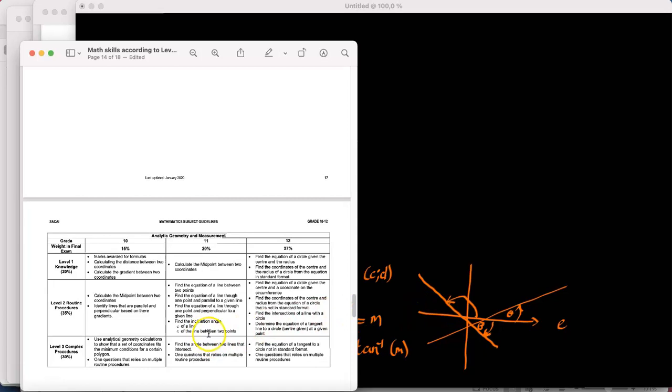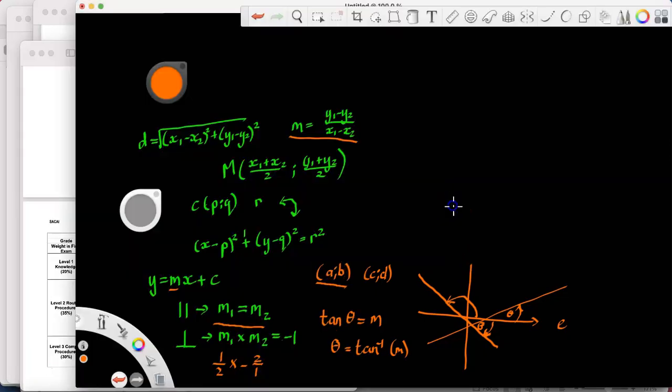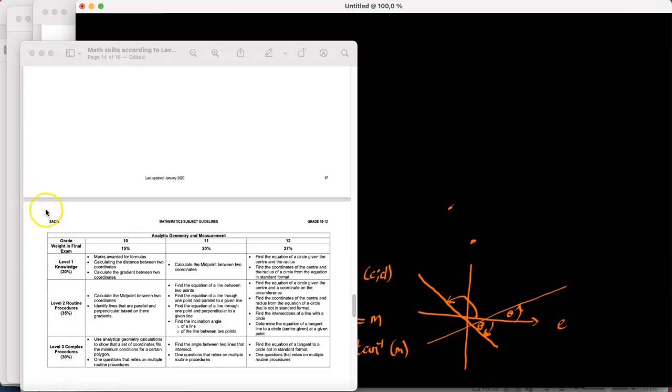You should also be able to find the inclination angle of the line between 2 points. They give you 2 points and ask what's the inclination angle. That's the same. Just work out the gradient and apply this formula to it. And these are the basics up until grade 11.